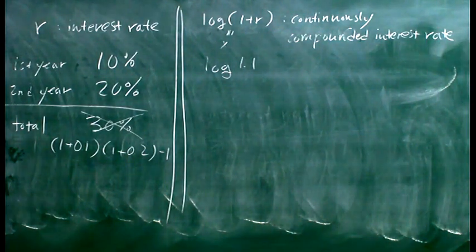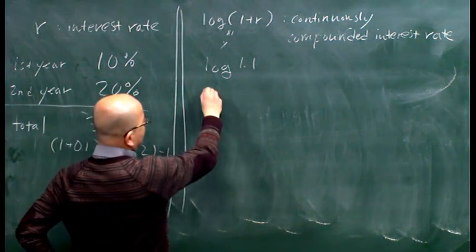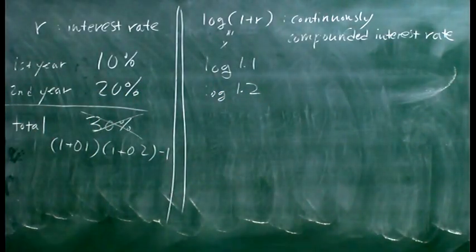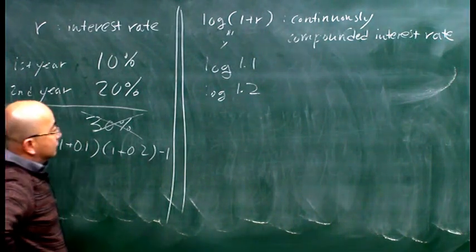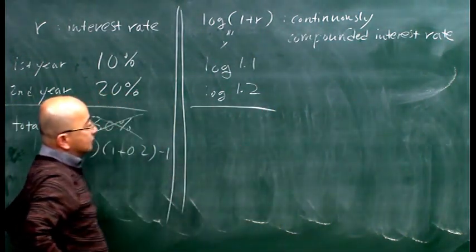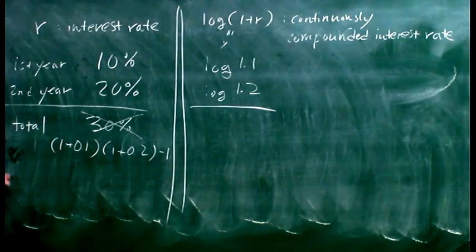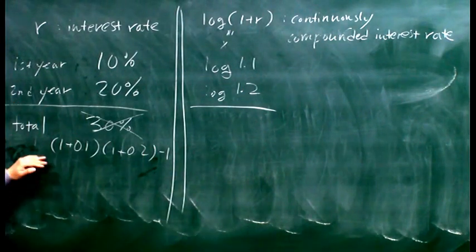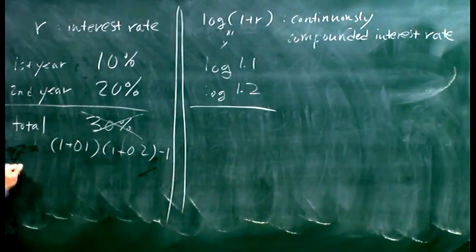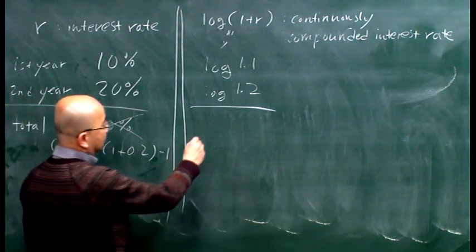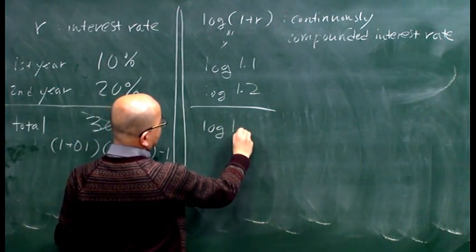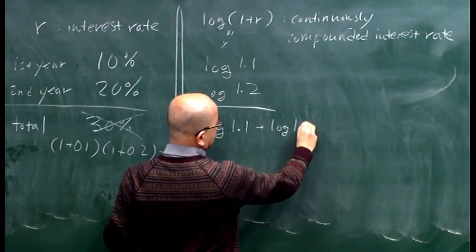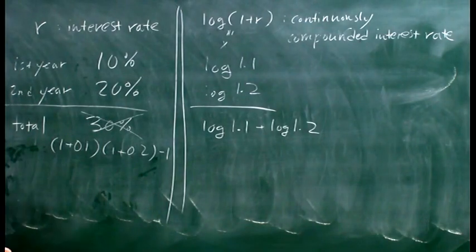And for the second year, you will say the interest rate is log of 1.2. And again, to answer the question, what is the total interest rate? Then you will look at here, add 1, so this part will disappear, and take log of the whole expression. So you will get log of 1.1 plus log of 1.2.